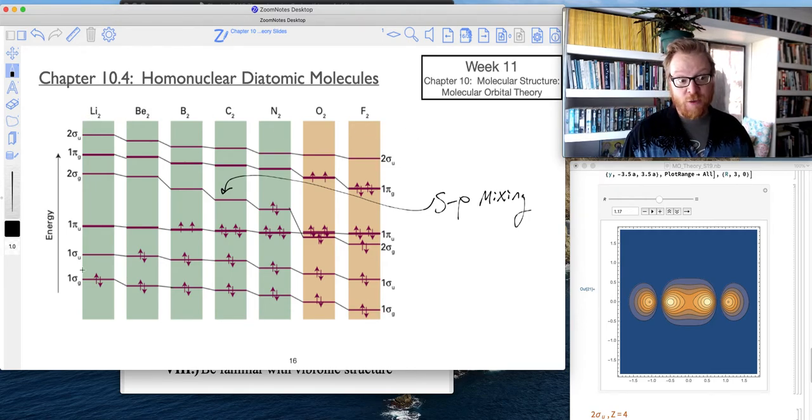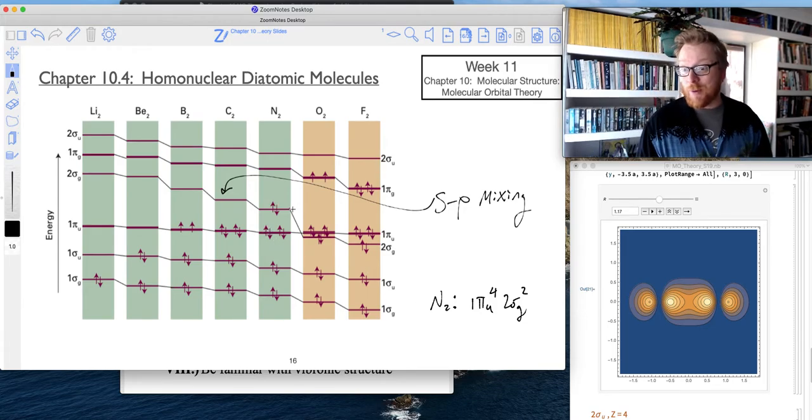Once I start at the 1πu, 2σg, etc., that creates the valence shell. So I'm going to add up all of these for the valence shell. And let's go ahead and note that nitrogen's valence shell is 1πu⁴ 2σg², right? So there's 4 electrons on the 1πu and 2 electrons in the 2σg.